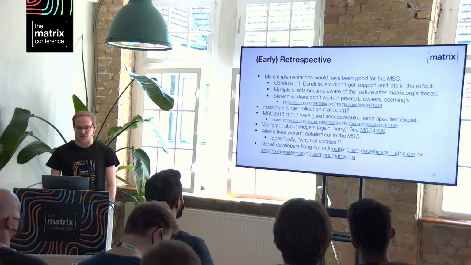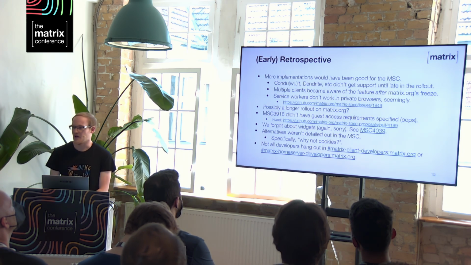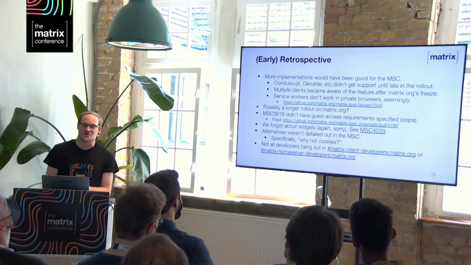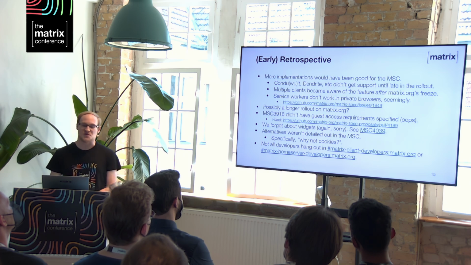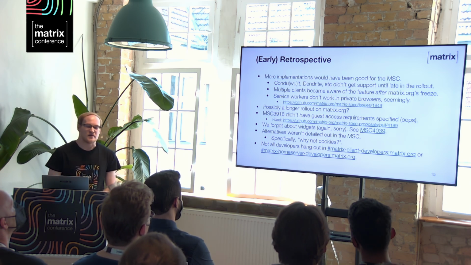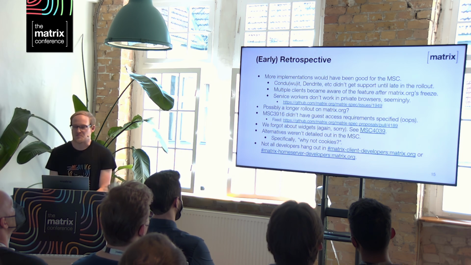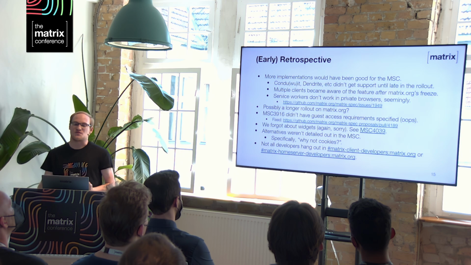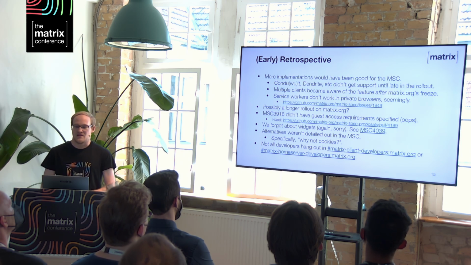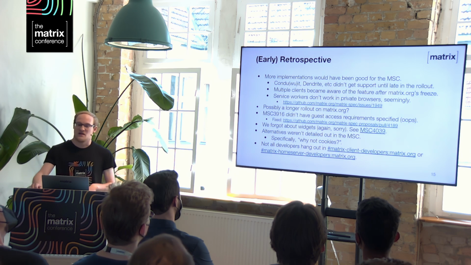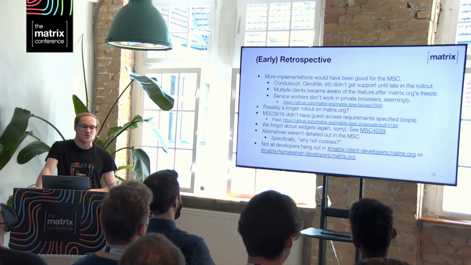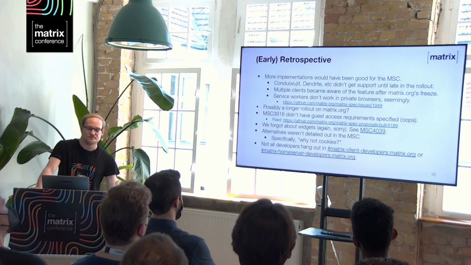But there were a few things that probably could have been done better. We're still in the process of rolling out the full authenticated media across the ecosystem, but just as an early retrospective, more implementations might have been good for the MSC. It turns out that Conduit and Dendrite and those other non-Synapse servers didn't get support until late in the rollout cycle, and they were also having some similar issues with the implementation.